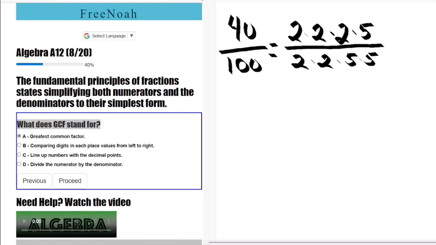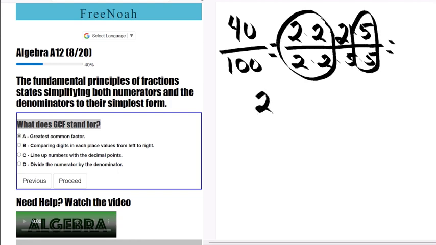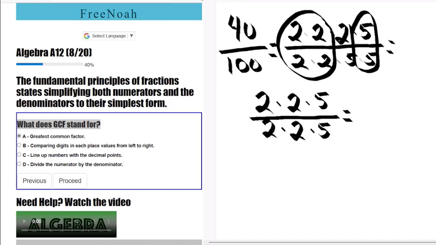Alright, equals, well, here are the constants once again. We're going to pull out these constants and multiply them to find the greatest common factor. So 2 times 2 times 5 on the numerator, and then 2 times 2 times 5 in the denominator, and it gives us 20 over 20.